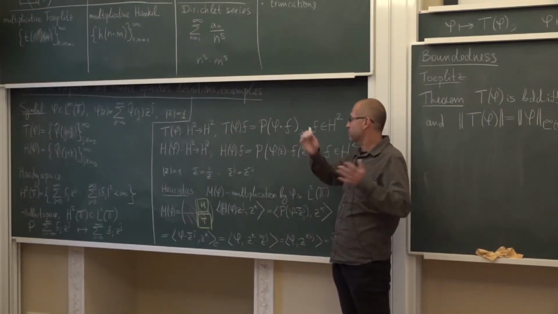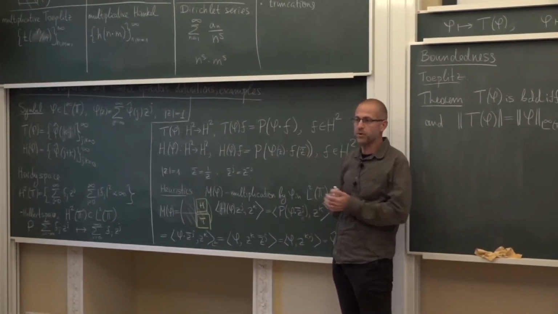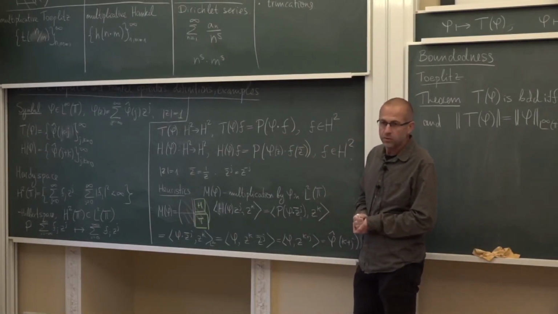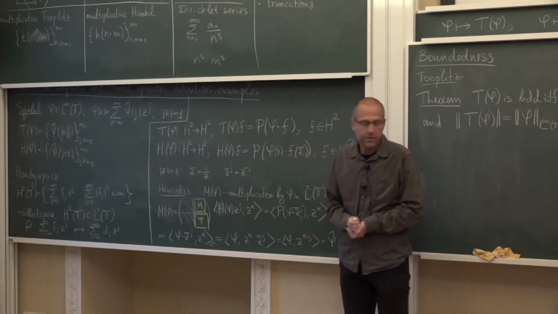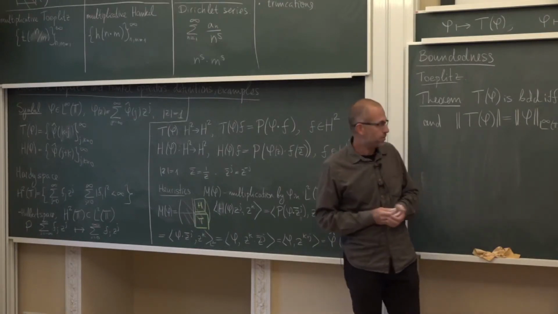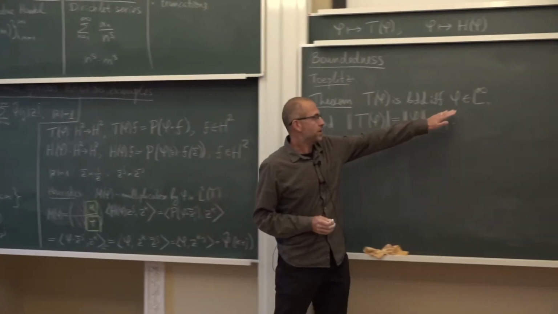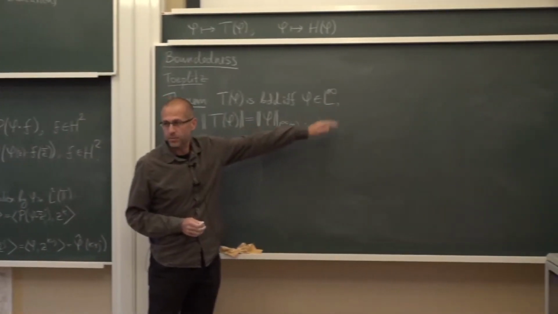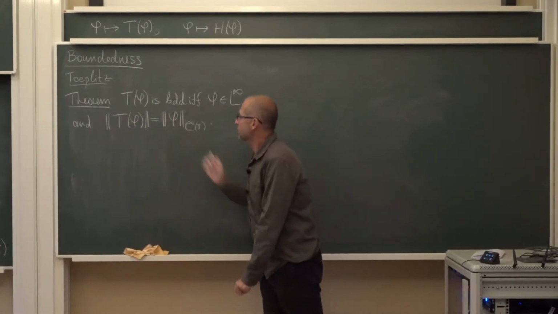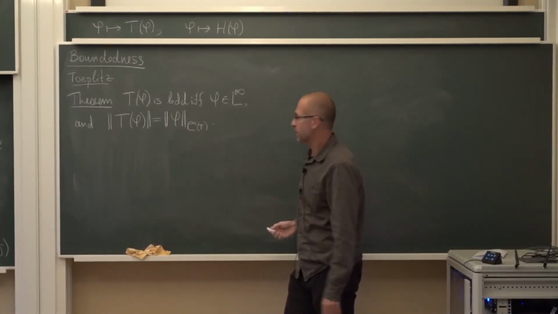You can start from phi in L2, for example, and then you will discover that for the resulting densely defined operator to be bounded, you actually need to have an infinity property here. And of course, this equality with the norms exemplifies it.